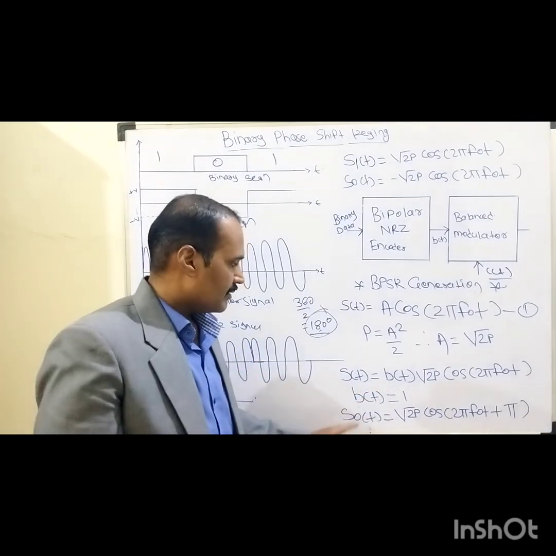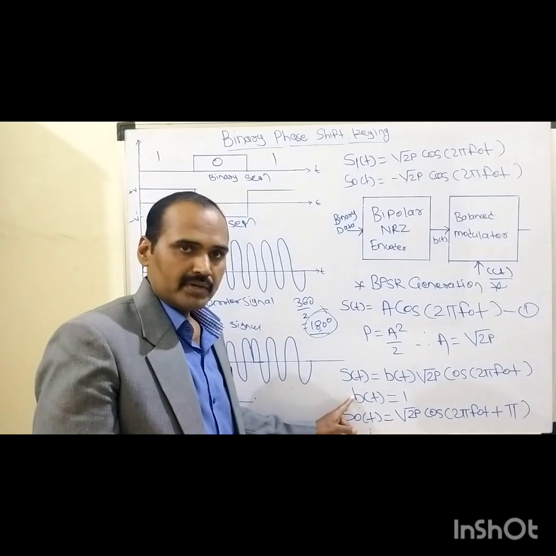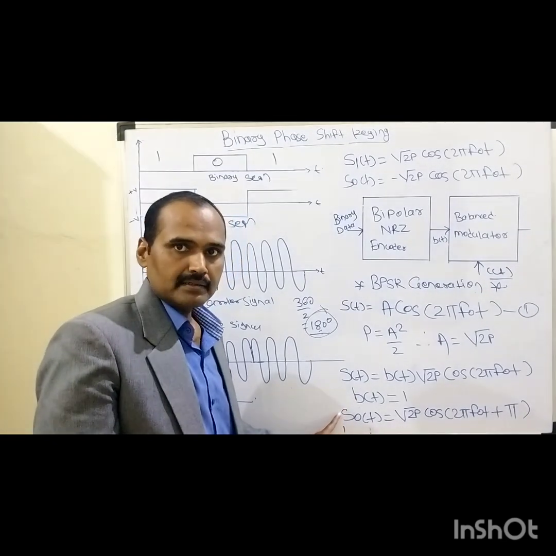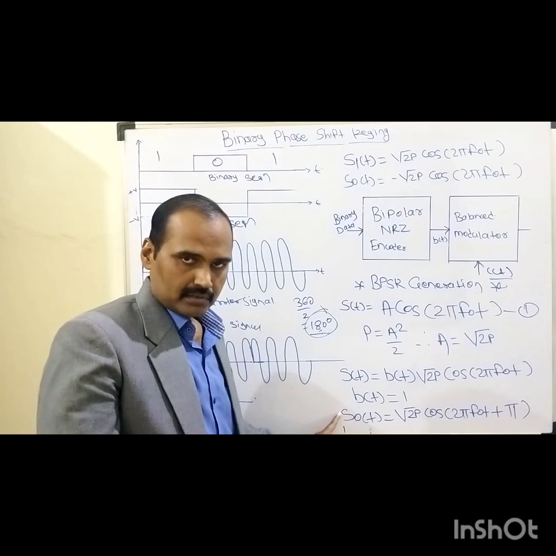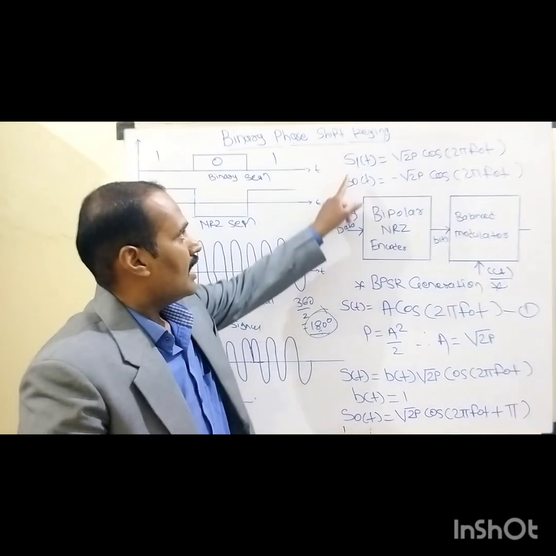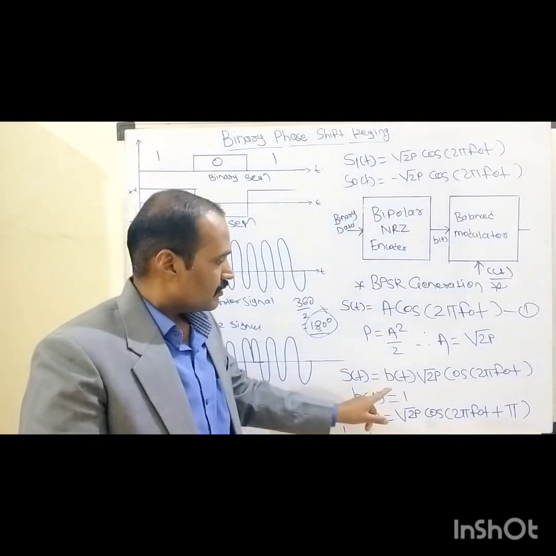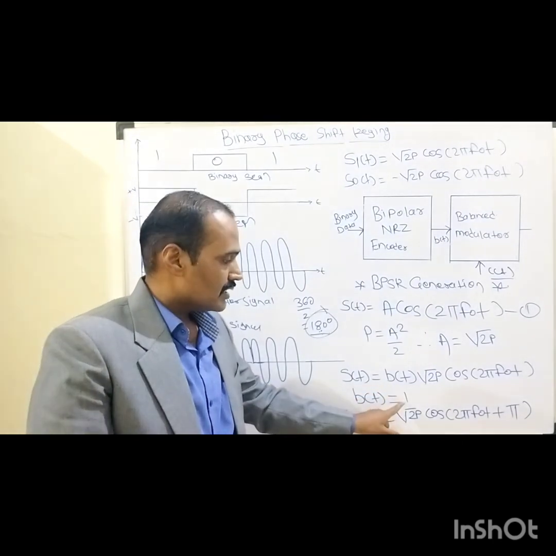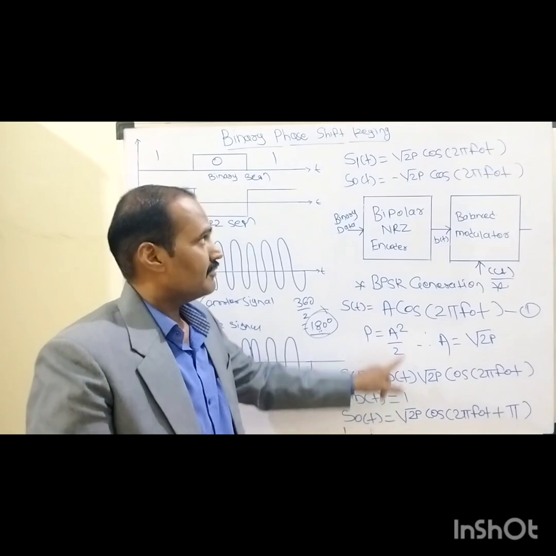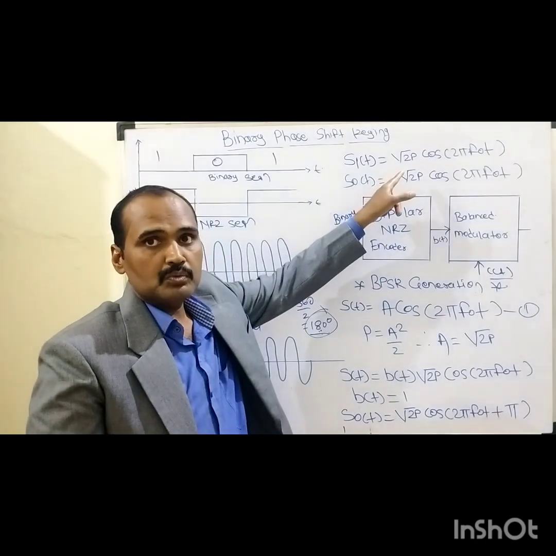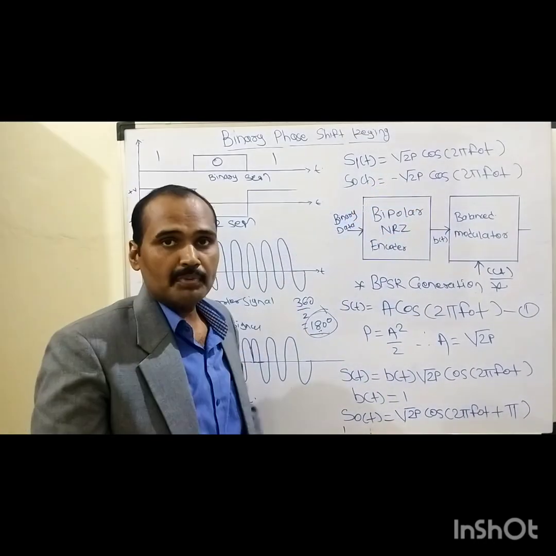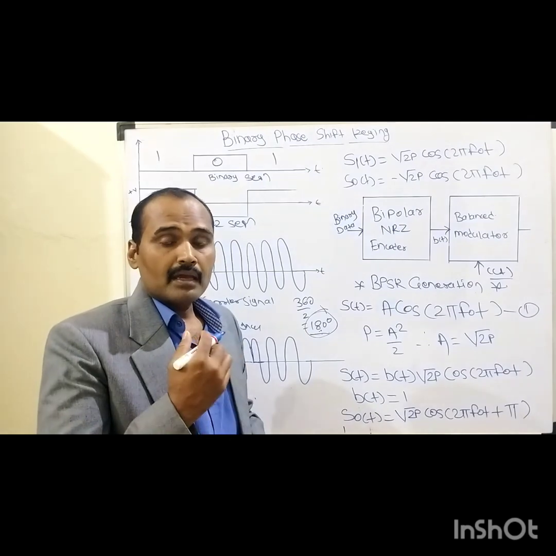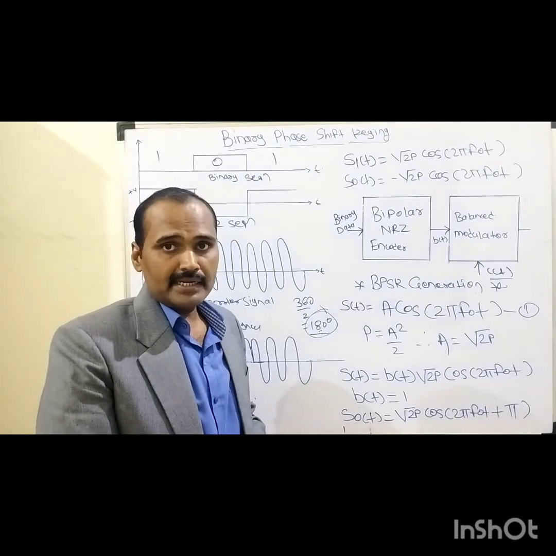When we are transmitting binary 1, this carrier signal can be called S1 of t, where b of t is replaced with binary 1, so it becomes root 2 times P into cos of 2 pi f naught t. And how do we represent binary 0?